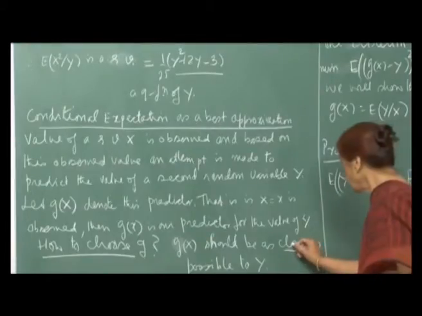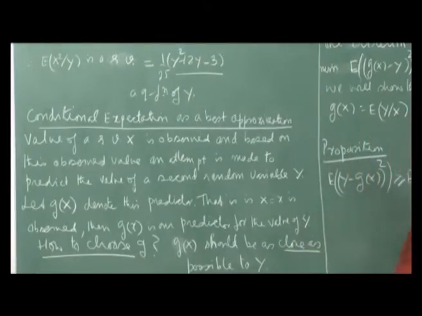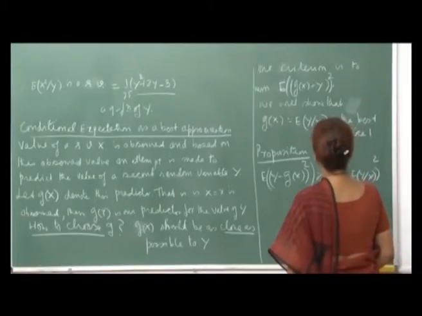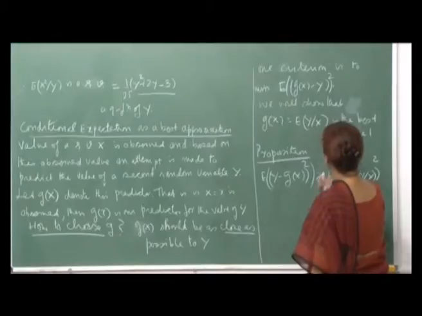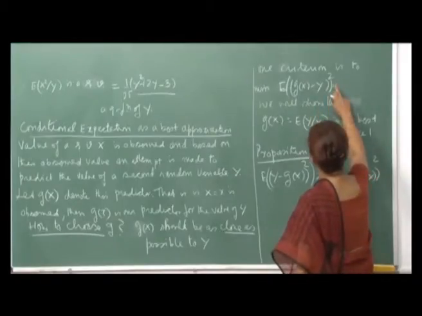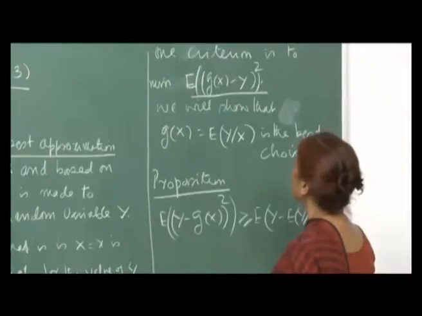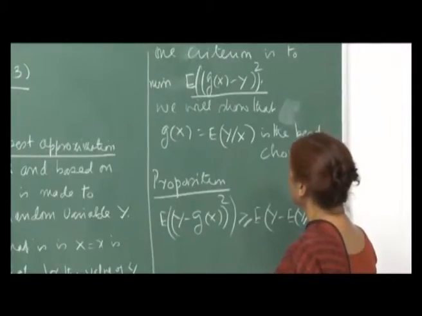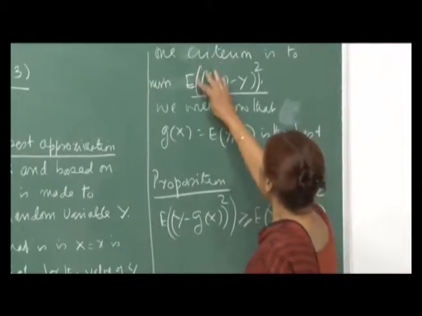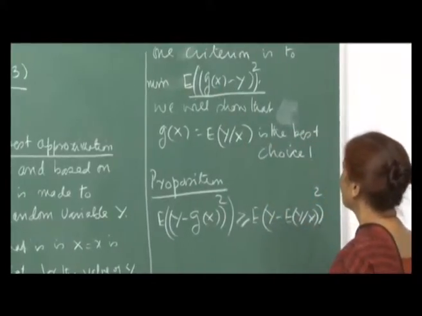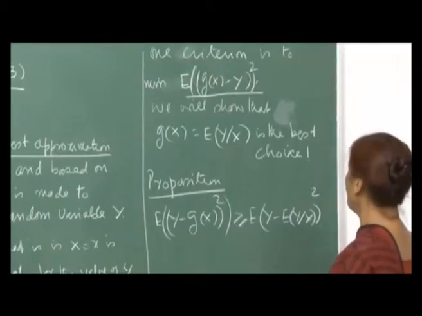But right now, let me say that our criterion is to minimize the expectation of g of x minus y whole square. If this is my criterion, then I want to choose that g which minimizes this expression. So, the expectation of this should be as small as possible.